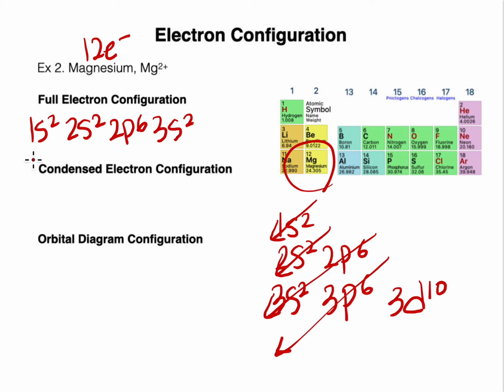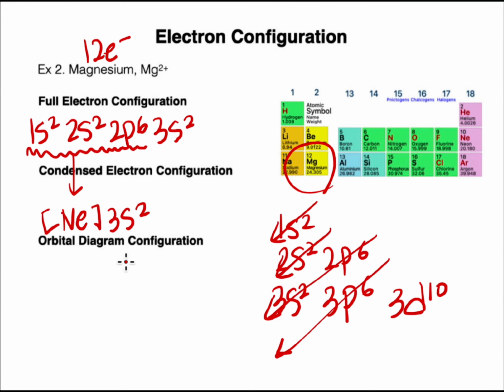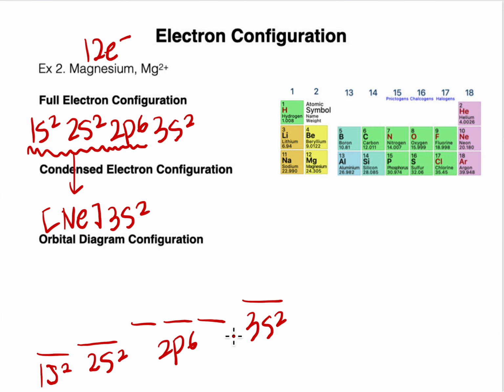Because I know that 1s2, 2s2, and 2p6 is the electron configuration of neon, a noble gas, I can put that in brackets next to 3s2 and write down the condensed electron configuration of magnesium. Now, orbital diagram configuration. I will plug in the electrons with opposite spin accordingly to get the orbital diagram configuration of magnesium.